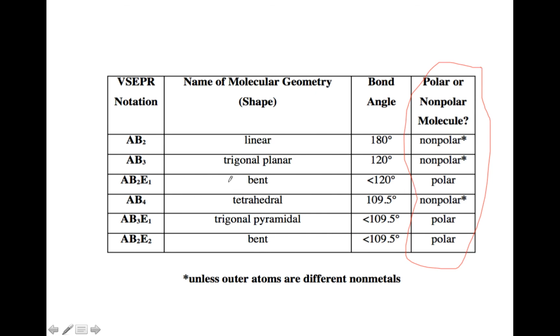And you'll see the common theme is that the ones without lone pairs, so the ones that don't have these E's on them, are going to be nonpolar, and the ones with the lone pairs are going to be polar. And then there's asterisks, just reminding you that you might have no lone pairs, but it will still be polar if you have different nonmetals on the outside.